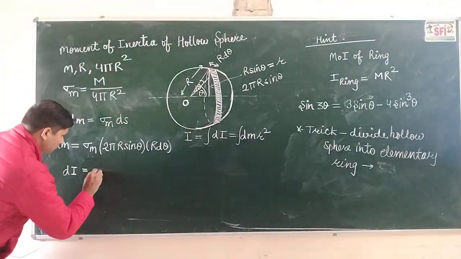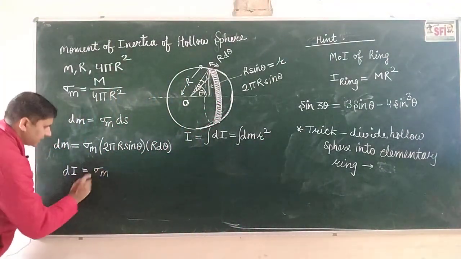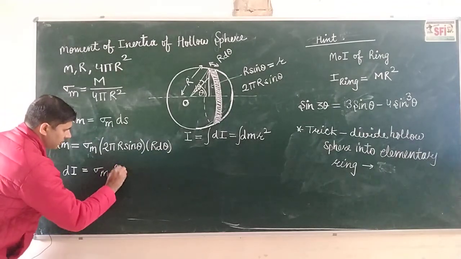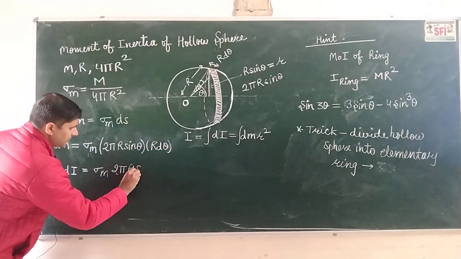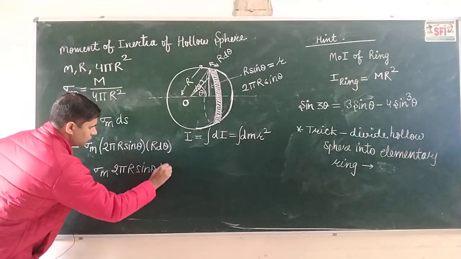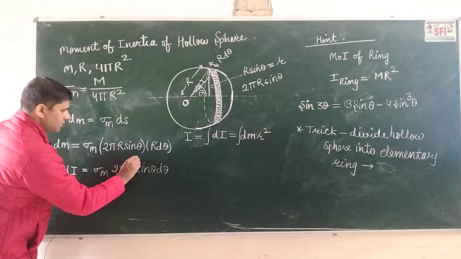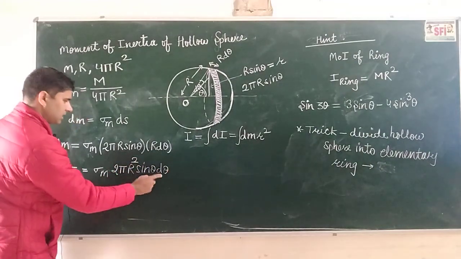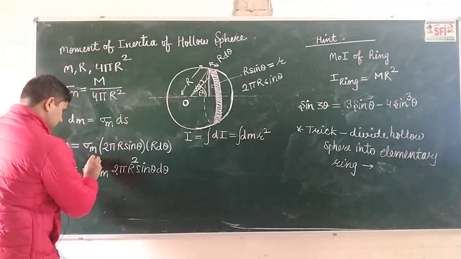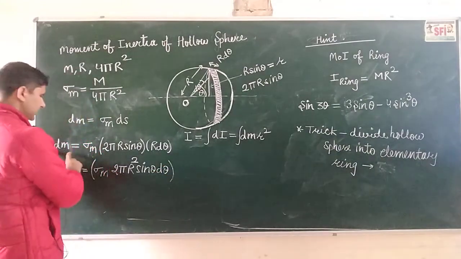So if you substitute all these values here, then you will get sigma m as it is, then you have 2 pi r into sin theta into d theta, and r into r square, and then you are left with this factor. Okay, this is the value of dm.